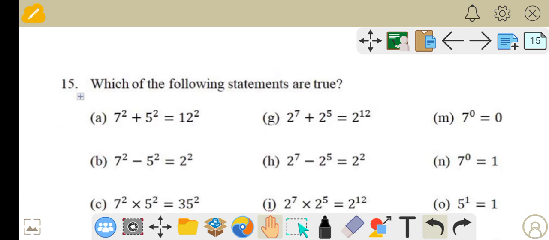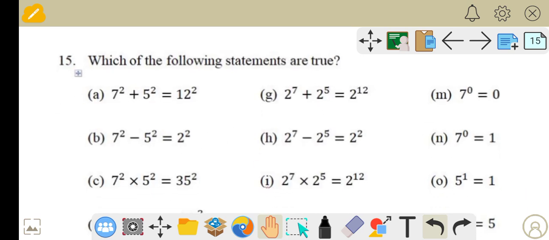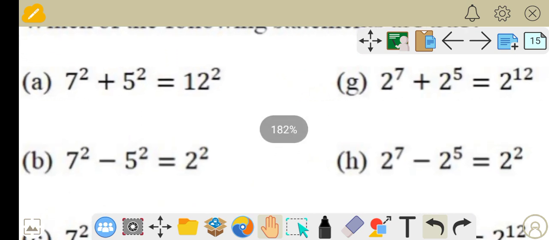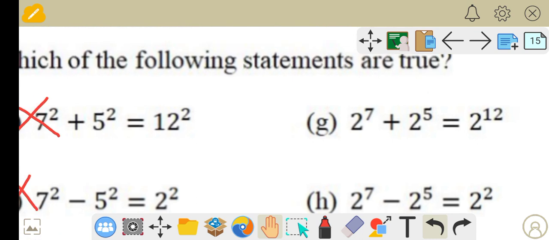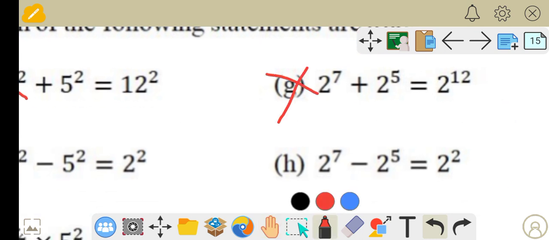Now in the last question, which of the following statements are true? We already know that we don't have any rule for addition and subtraction in the case of positive or negative exponents, so these both statements should be wrong. By the same reason, these two statements should also be wrong.